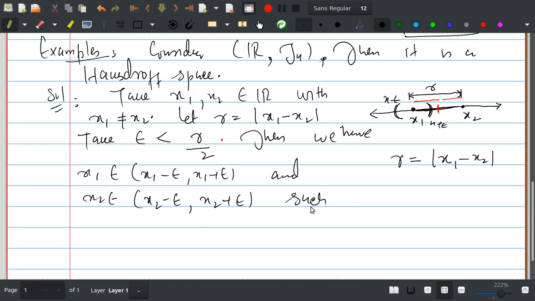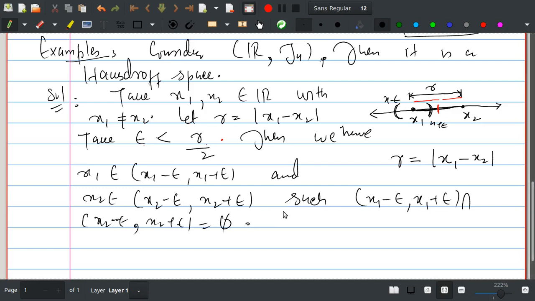such that the intersection of x1 minus epsilon, x1 plus epsilon with x2 minus epsilon and x2 plus epsilon is empty.